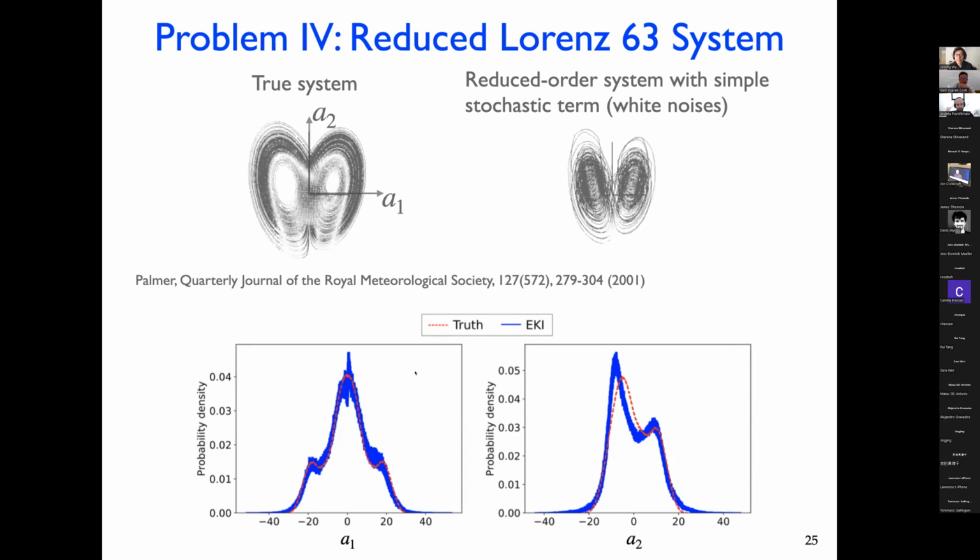As we can see, for the invariant measure of A1 and A2, the model system shows a good agreement with the true system, which means that if we incorporate the unknown deterministic term and stochastic term and try to learn them from data, we are able to get more quantitative agreement with the true system compared to just adding the very simple stochastic term using white noise.